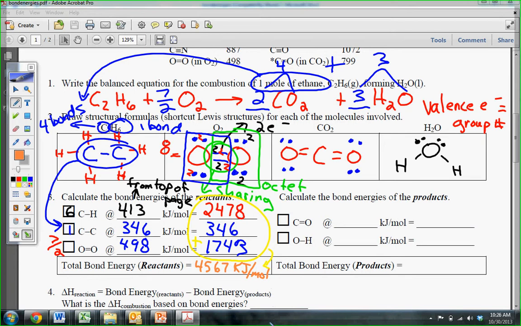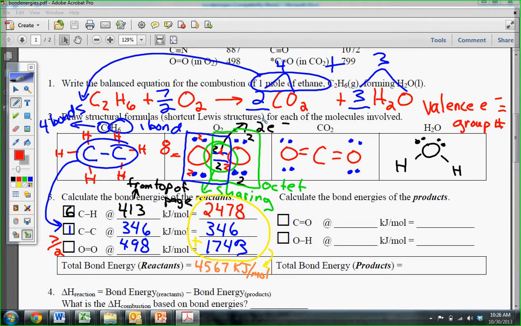Okay. Now, we need to calculate the bond energy of the products. All right, so how many C double bond O's do I have? 4. How did you get 4? You have 2 in 1 molecule of CO2 and 2 molecules.